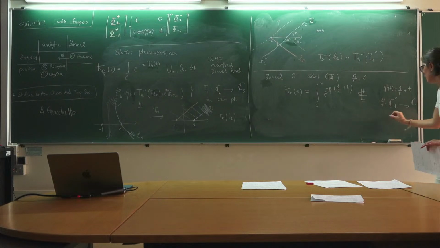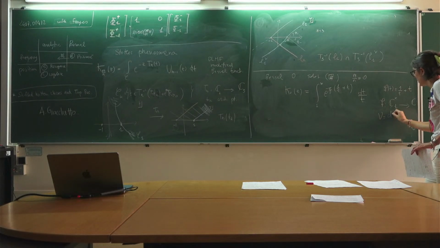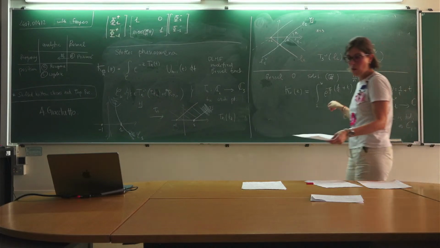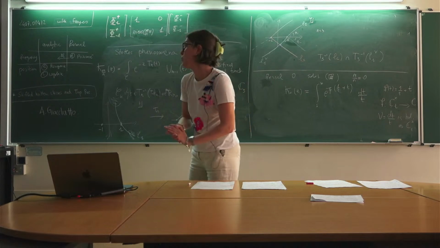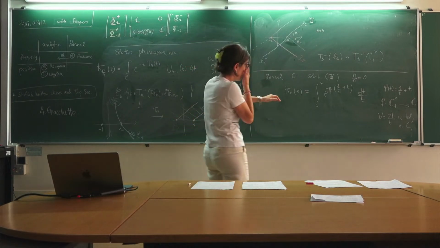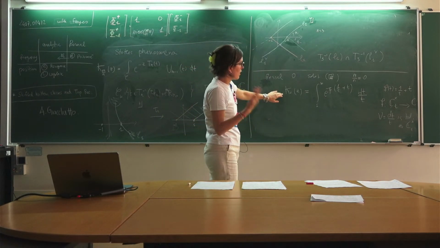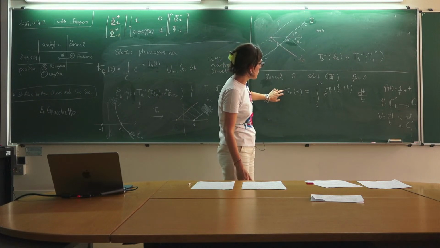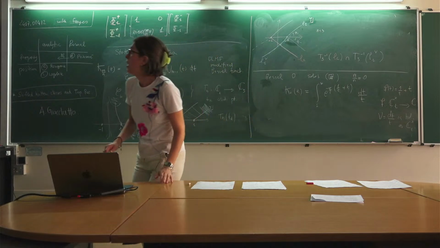So it's fine. So nu, which is dt on t, is holomorphic on C star. Okay, now if you try to check what's happening, again, you can try to understand the Stokes phenomena in this example.